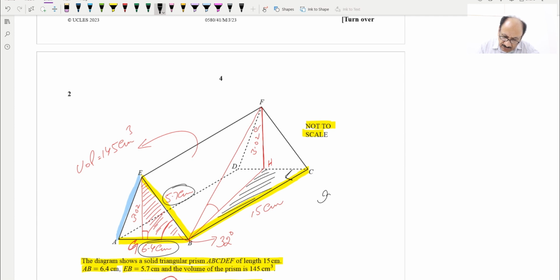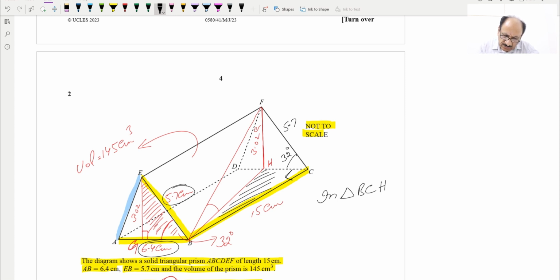So we'll write in triangle BCH. Basically we need to find x over 5.7. This side is also 5.7, and this angle is 32 degrees.